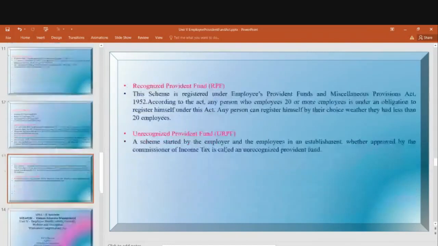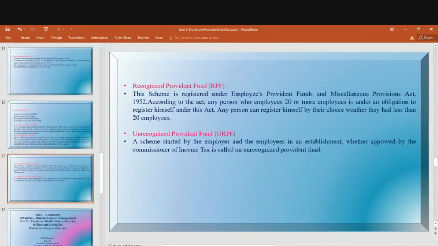The third type is the recognized provident fund, shortly called RPF. This is registered under the Employees Provident Funds and Miscellaneous Provisions Act 1952. According to this act, any person who employs 20 or more employees is under an obligation to register under this act. This is the basic eligibility norm.